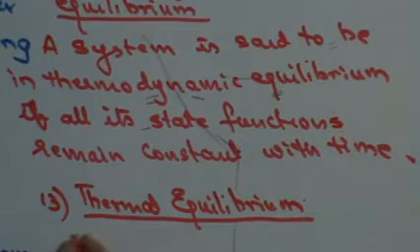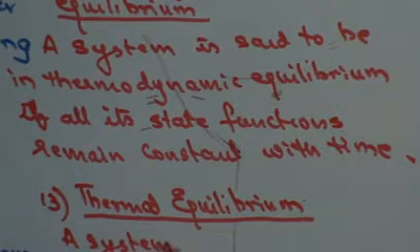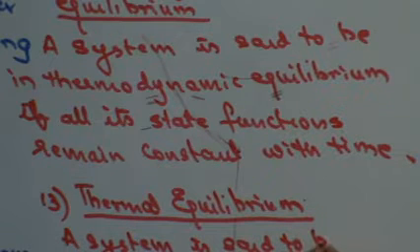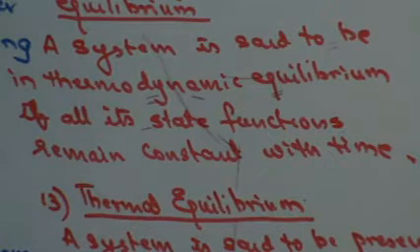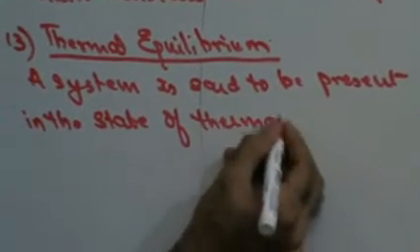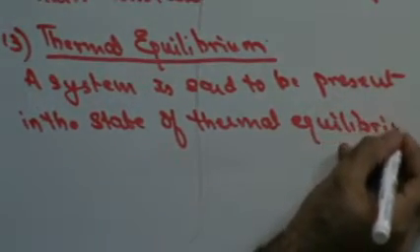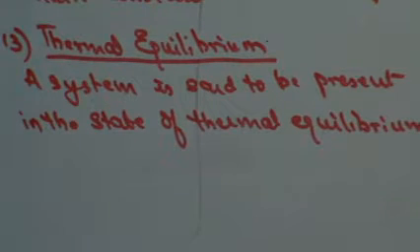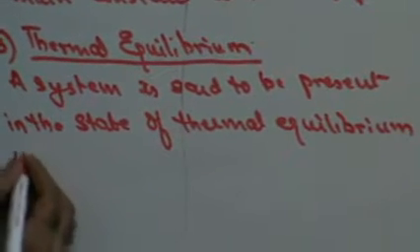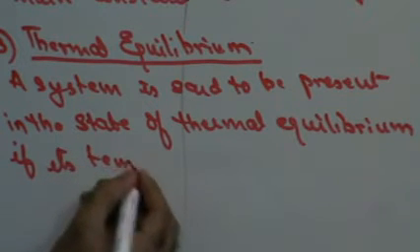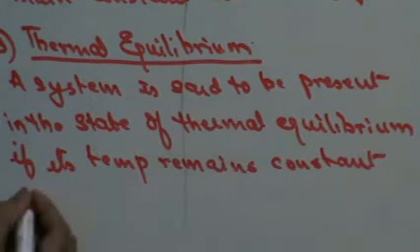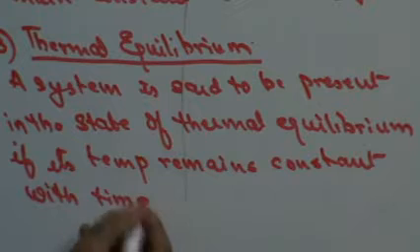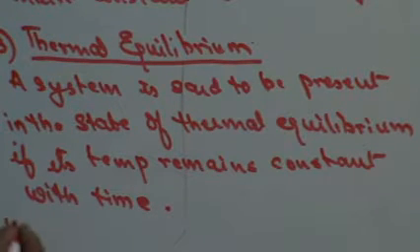You can say a system is said to be present in the state of thermal equilibrium if its temperature remains constant with time. That is thermal equilibrium. Next, you have mechanical equilibrium.